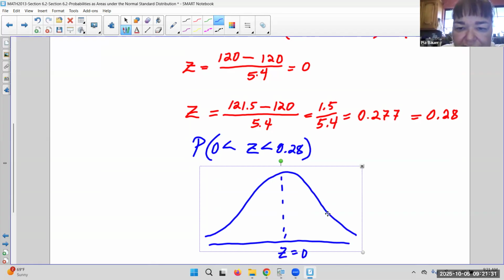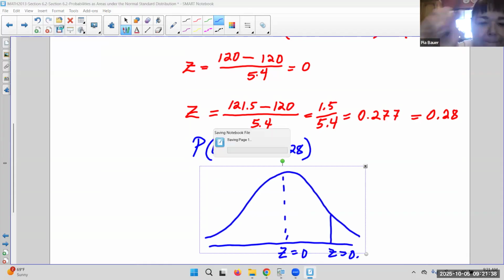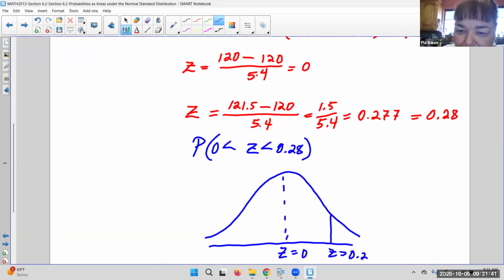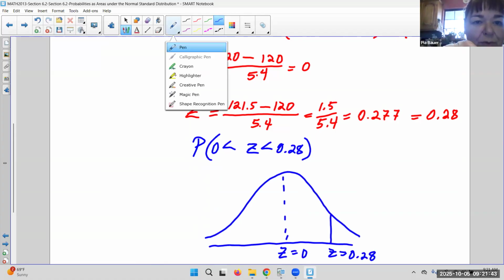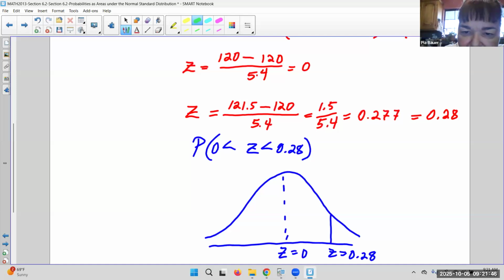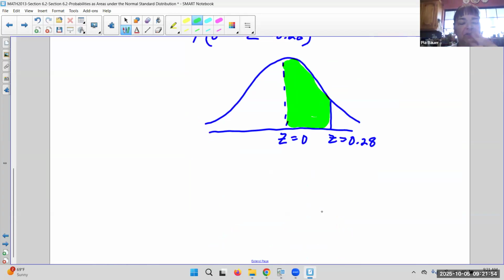And I'm exaggerating this, but a z-score of 0.28 will be here. So the area between them will be this area here. So then this will be my lower, and this will be my upper when I use that option 2 of the calculator.